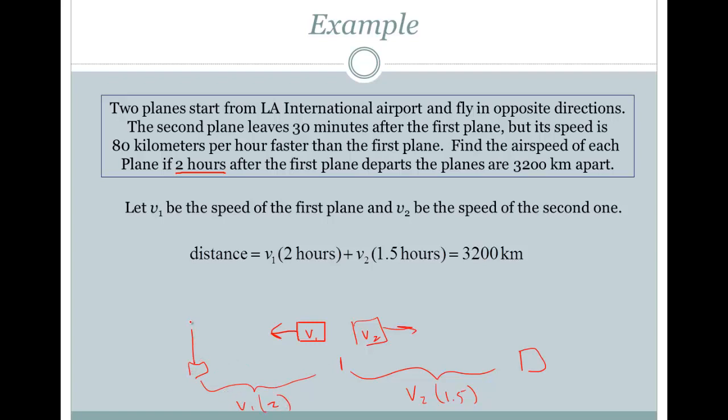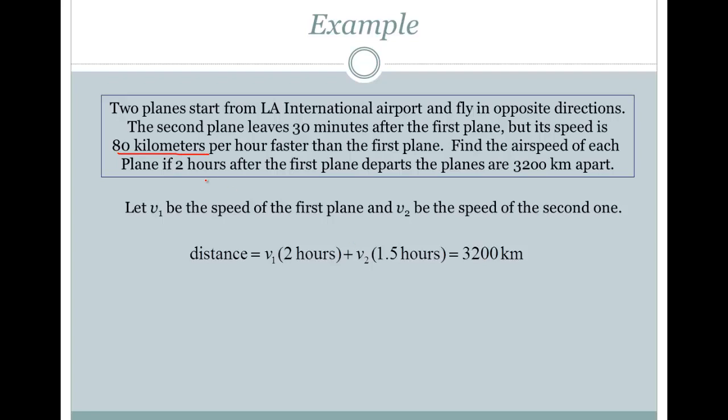And what I want is this total distance here is going to be equal to 3,200 kilometers. So there's a visual of what's going on. Right now the problem is I have one equation, but I have two unknowns here, so I have to find something else that relates v1 and v2. Well, that comes by the fact that v2 is 80 kilometers per hour faster than v1. So I write it like that.